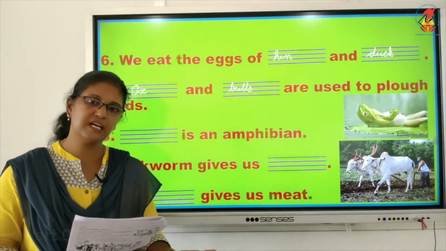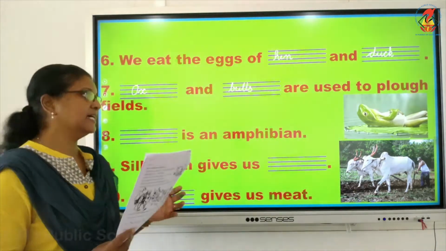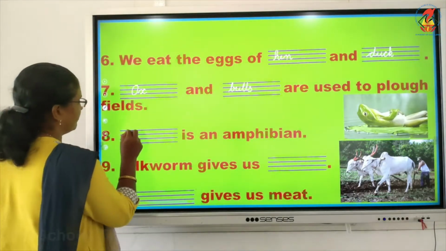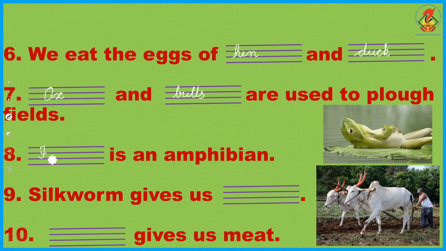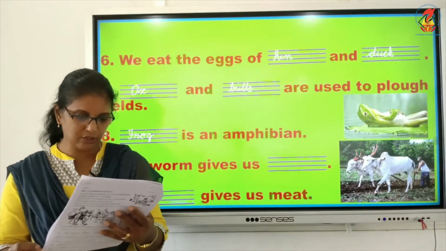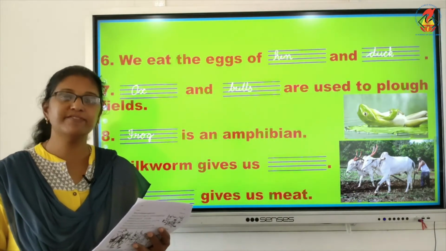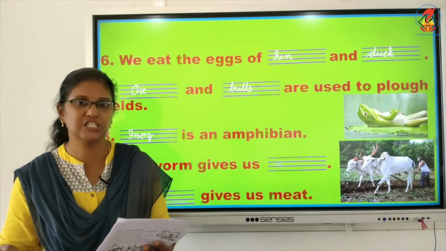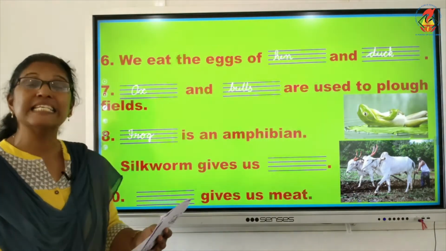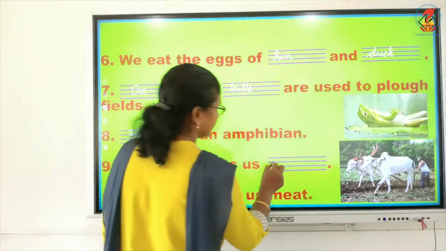They live in water as well as outside. Let's write frog here for today. F-R-O-G. Now my sweet ones, let's go to number 9. Silkworm gives us dash. Right, it is silk. Let's write in the dash.